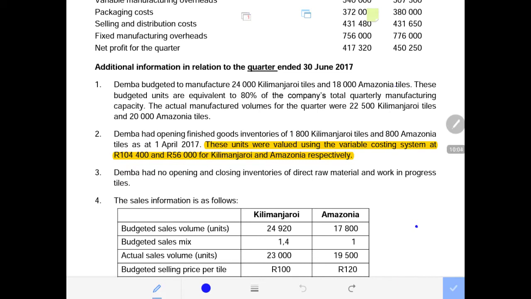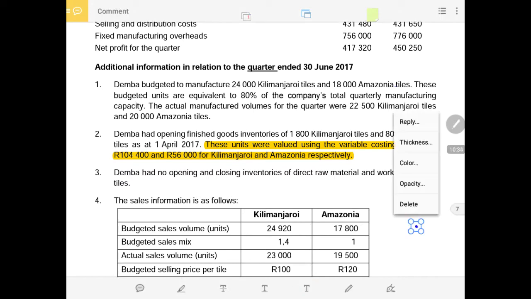These units were valued using the variable costing system at 104,000 and 56,000. This is very crucial to be mindful of. That means the opening inventory value does not include fixed cost. This is what it means, because it was valued using the variable costing system that the company is currently using, because it was before they moved from the variable costing into the absorption costing system.